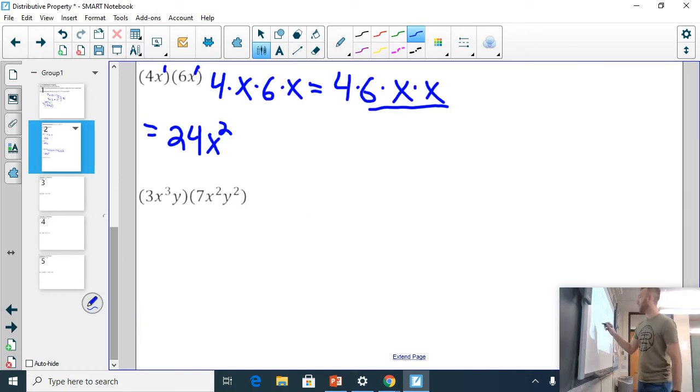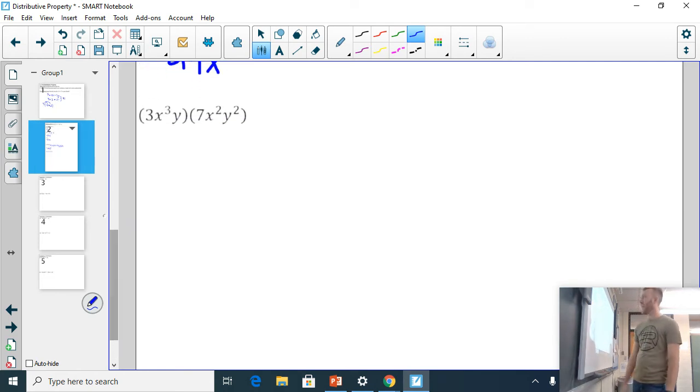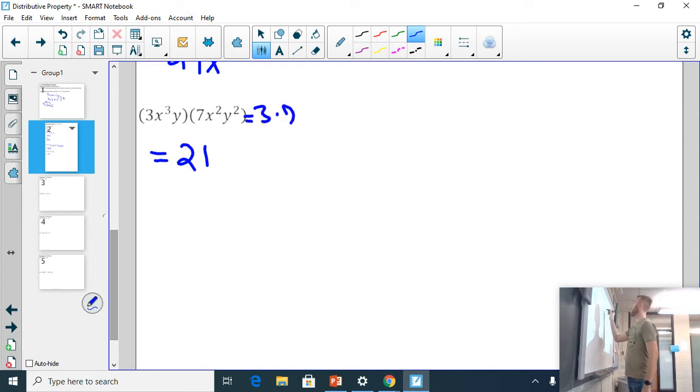Now, to extend that thinking to this one here, 3x cubed y times 7x squared y squared. Well, I know right away, I'm just going to do the numbers first. 3 times 7 is 21. And now remember what I said. We could multiply in any order, right? So that's 3 times 7.